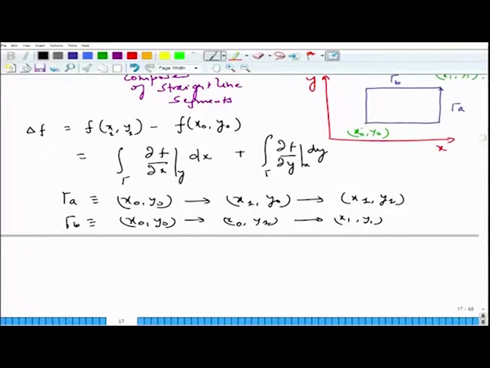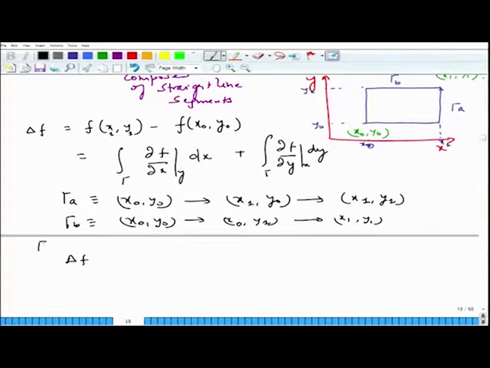So just to make this clear, this is going to be x0, and this is going to be x1, this is going to be y0, and this is going to be y1. Okay, so let me just further write the expression now.